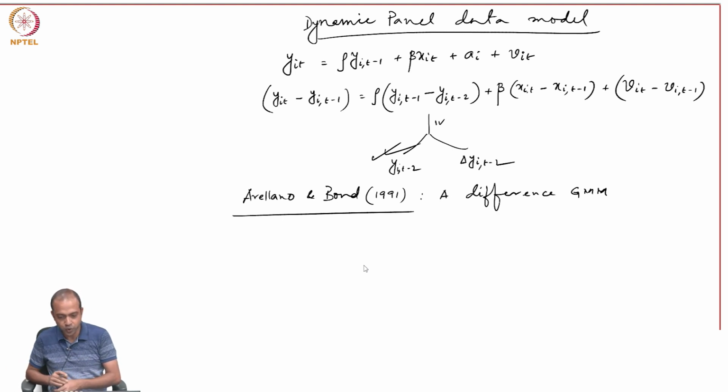One advantage with difference GMM, when we take lag of level, is that we get a little more observations, because for delta y_it the observations start from the 4th period, whereas with y_i,t-2 in your instrument matrix, the first observation for the instrument you get for the 3rd period. So one period also matters when your panel size is really small.